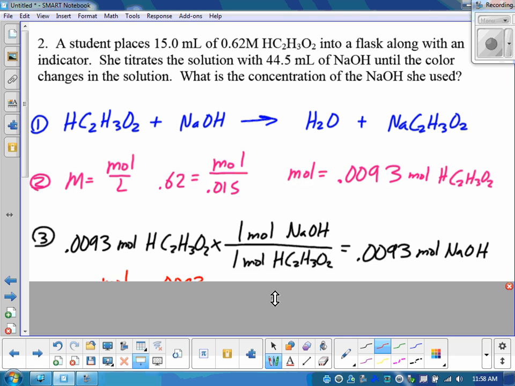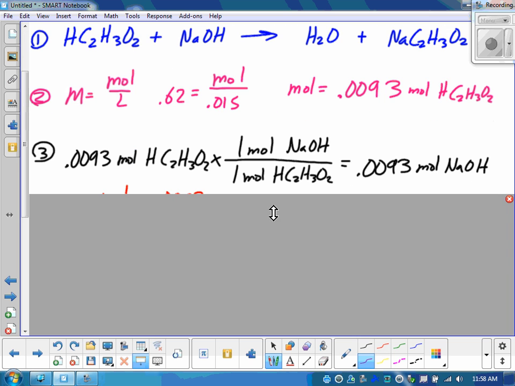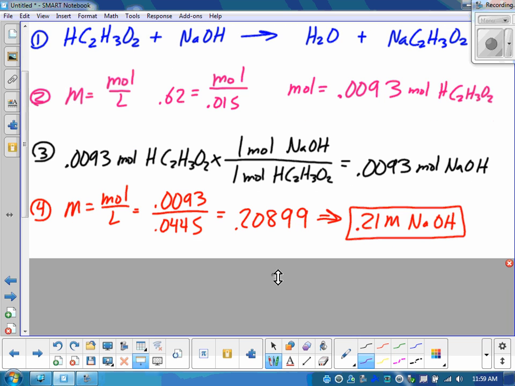So I am going to do my mole conversion. Remember, if there happened to be something like, let's say, a 2 here, then I would want a 2 here. But there isn't a 2 in this particular equation, so I'm just going to do that 1-to-1 ratio. I now know exactly how many moles of my base that I need, and now I can figure out the concentration of that base.